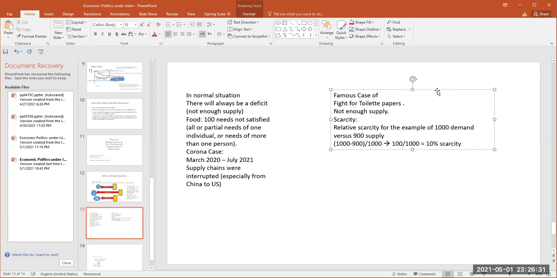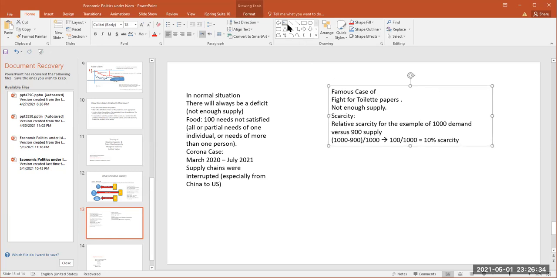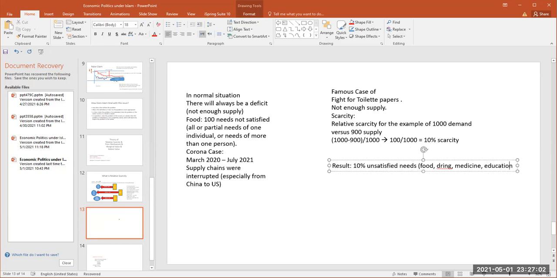Now the result here, of course, which is a natural result, there is 10% unsatisfied needs. Now these needs could be, again, food, drink, medicine, education, whatever.